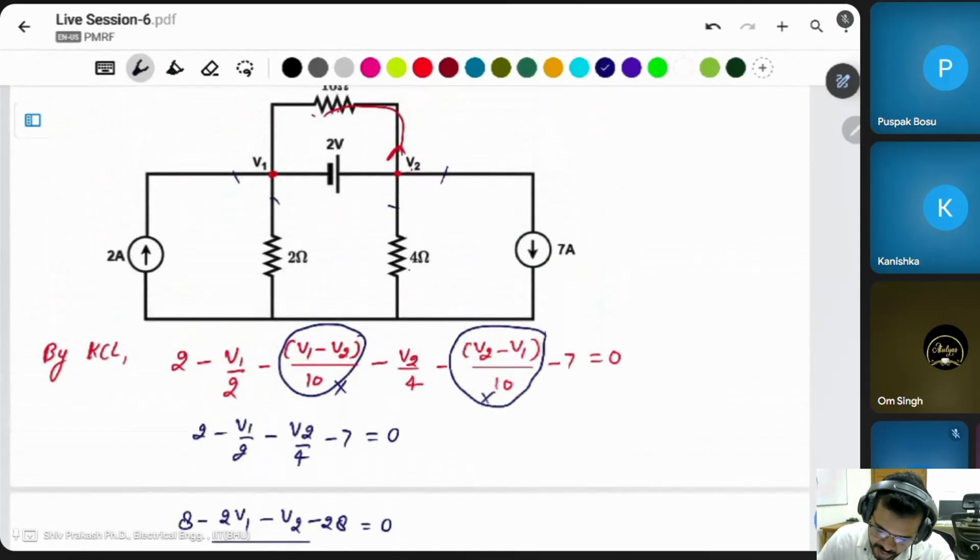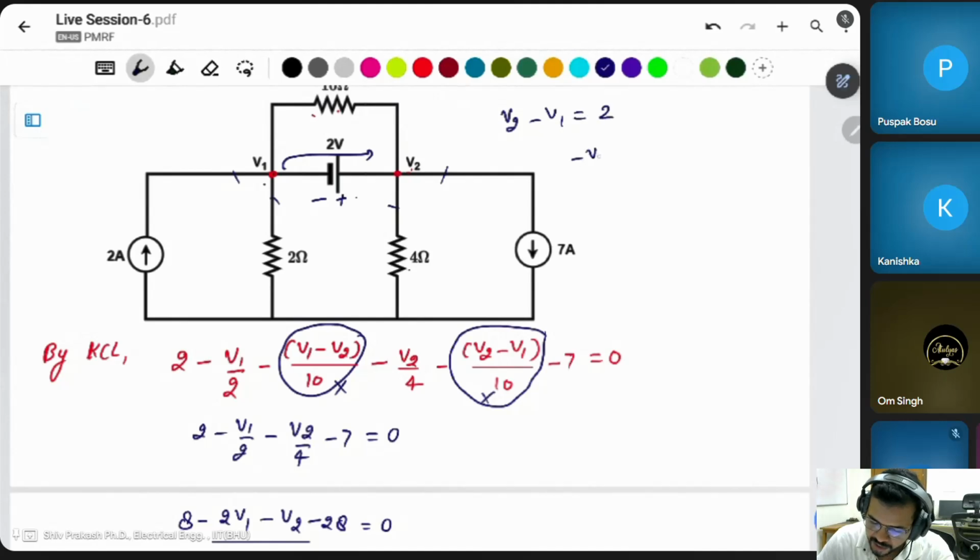Another, what is the voltage V1 minus V2? This is positive and negative, because this is the larger line. That's why this is positive, this is negative. Then in this case V2 minus V1 is equal to 2.